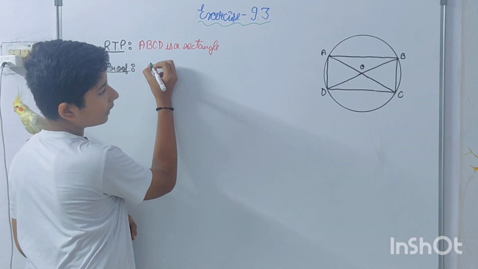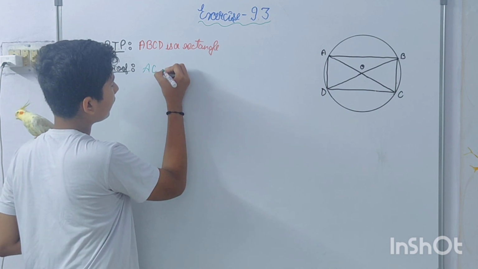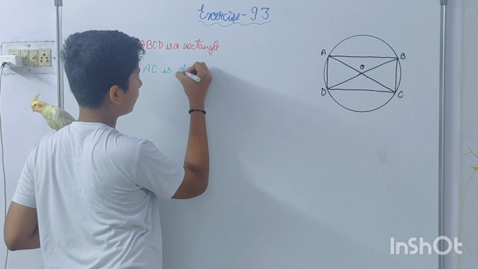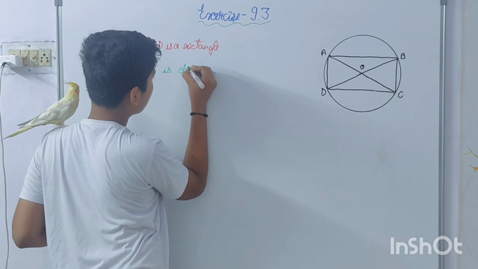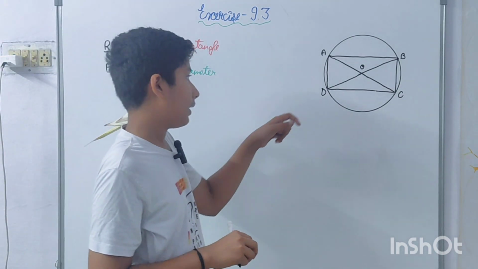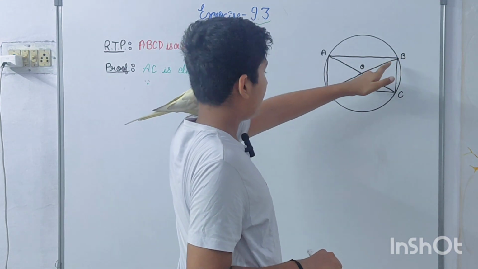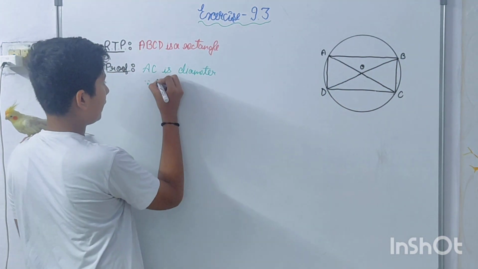In triangle, no, AC is diameter. Therefore, we can say that angle B would be 90 degrees and angle D would be 90 degrees.